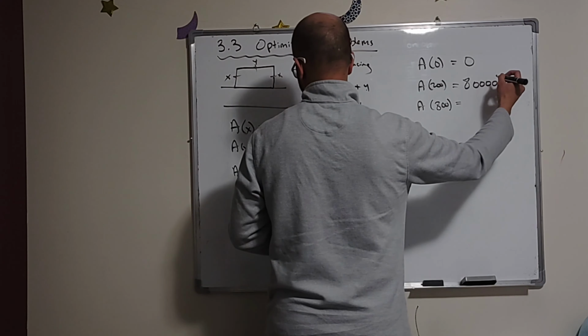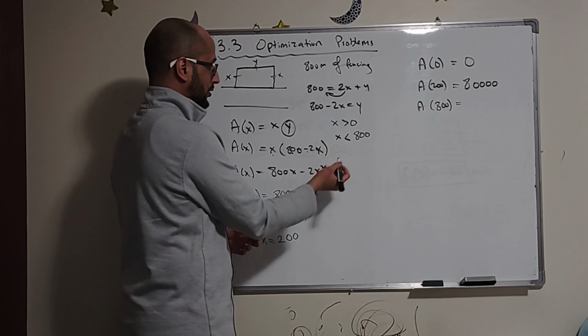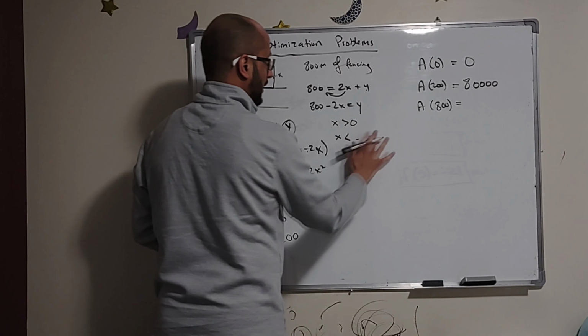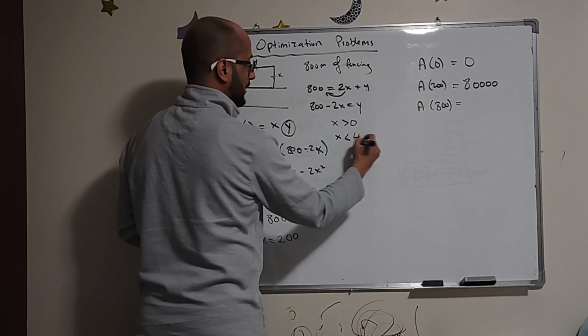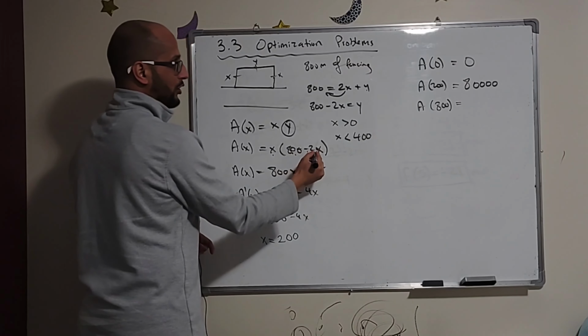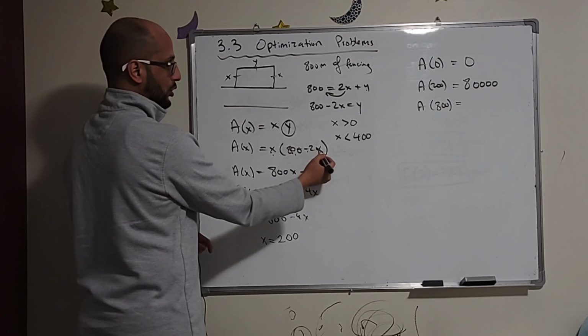Yeah, would be 80,000. And then the area at 800, sorry, it wouldn't be less than 800 because there's two sides to this. It would be less than 400. So 800 minus the 400 times 2 would be another 800, so 0 multiplied by anything, that'll give me 0.